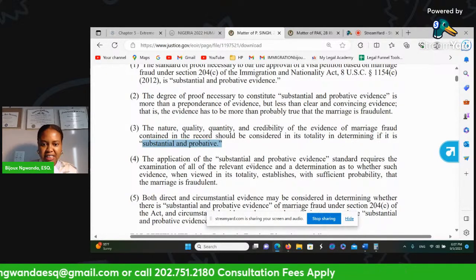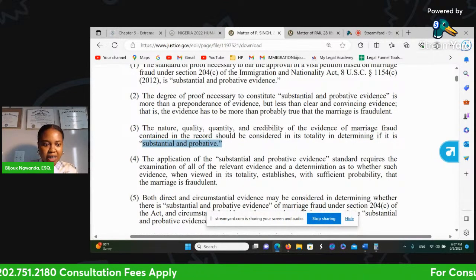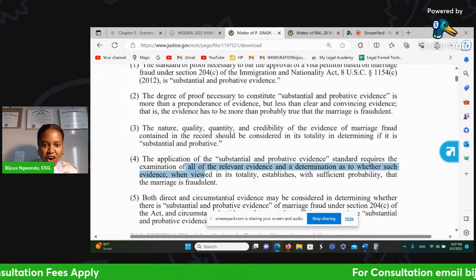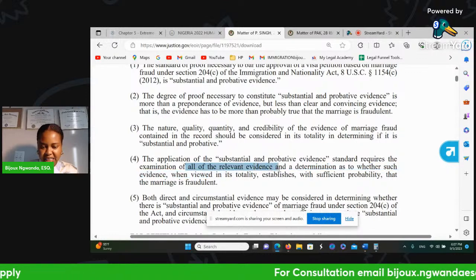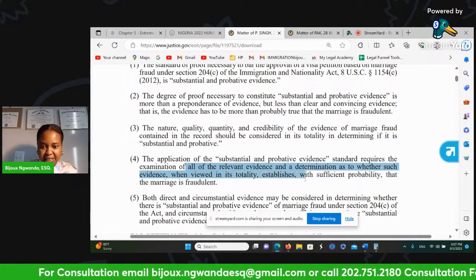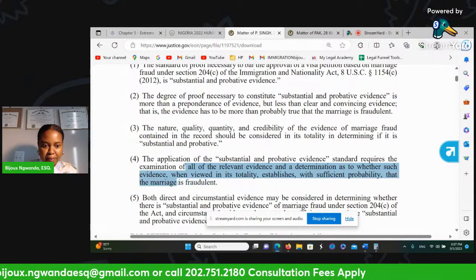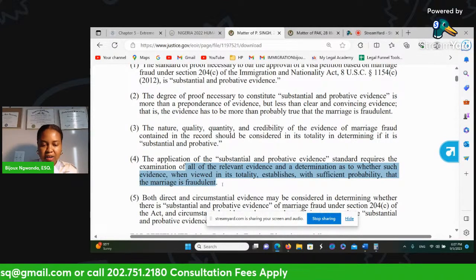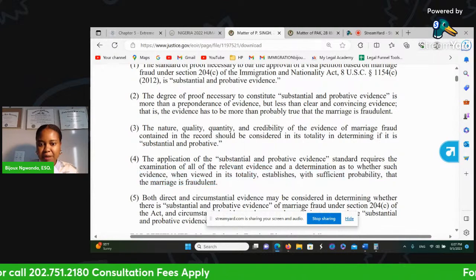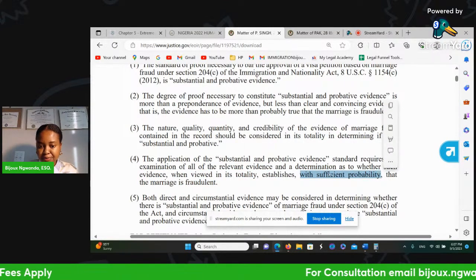The application of the substantial and probative evidence standard requires the examination of all relevant evidence and determination as to whether such evidence, when viewed in totality, establishes with sufficient probability that the marriage was fraudulent. It has to establish with sufficient probability, you see.